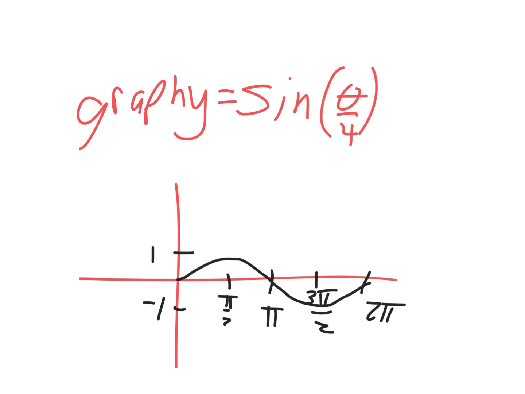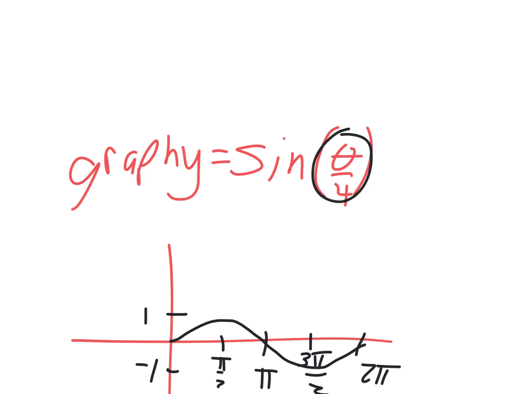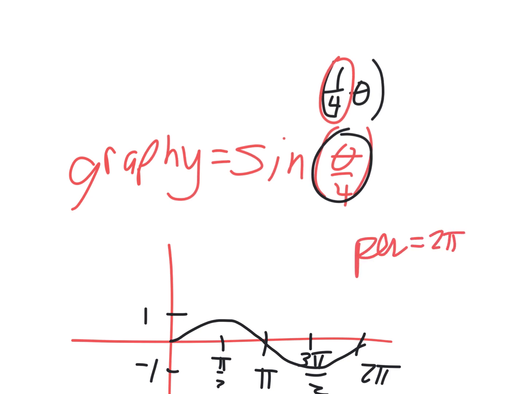But then, here's what I think messes with people's heads. They don't think of this as 1/4 theta. That is 1/4 theta. So the b term is 1/4. Another way to think of it is, you have to do a horizontal something to this. So I like to have kids memorize that period is 2 pi over b.